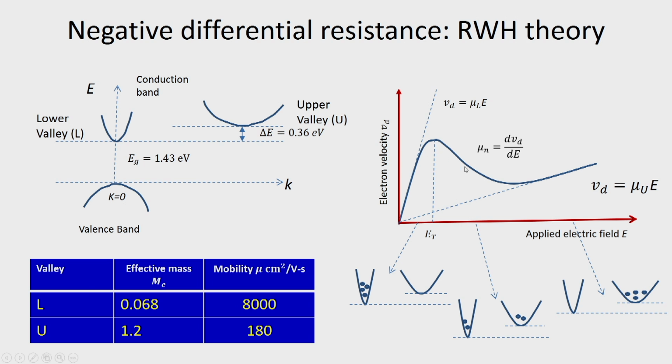Here we can see that the slope, the mobility of the electrons, decreases.